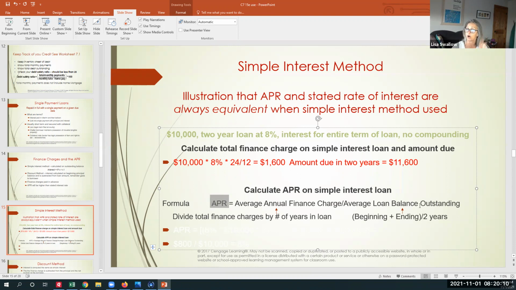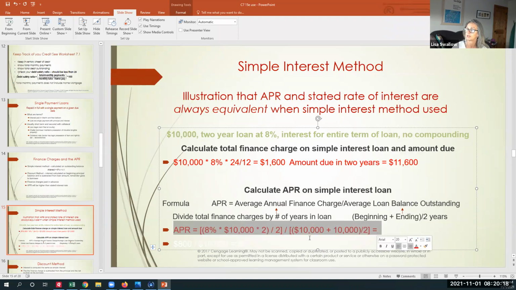That's how interest is always quoted, right? So my APR is equal to the 8% times 10,000 times 24/12. And then I have to divide it by the number of years in the loan, right? Because I want to get it to 1 year. That's what APR is. And then I have to divide it by the average loan balance that's outstanding.